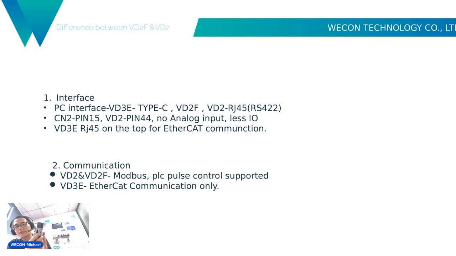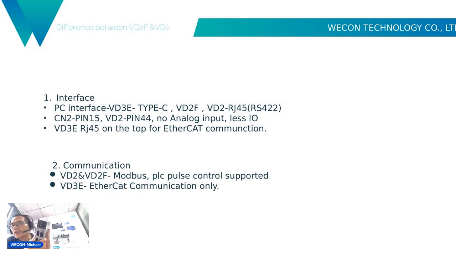the first difference is the Type C. VD3E uses the Type C to connect to the PC software. The second difference is on the top: the RJ45 is for EtherCAT communication. And this one has 15 pins.